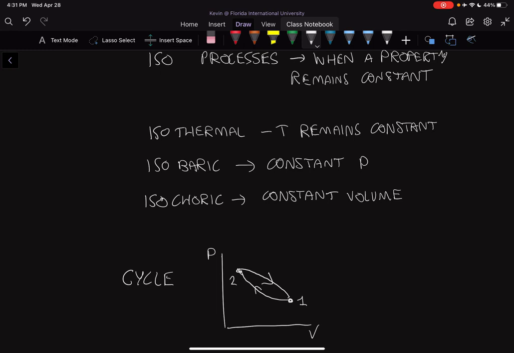So it completes a cycle. So we can say the system returns to its initial state after a series of processes.